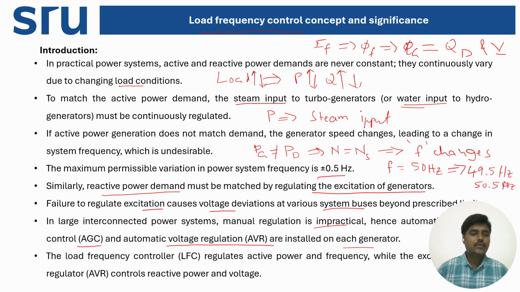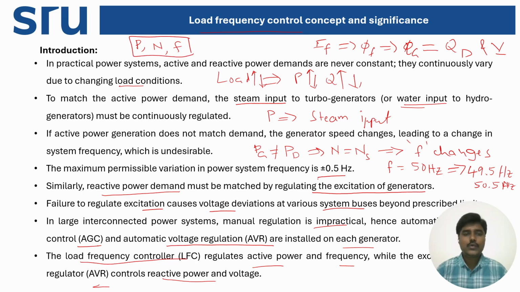Similarly, the load frequency controller regulates active power and frequency, while the excitation control or AVR controls reactive power and voltage. As a whole, I can summarize that there is a strong correlation between active power and speed and frequency. Similarly, there is a strong correlation between the field flux or field current and reactive power and voltage.